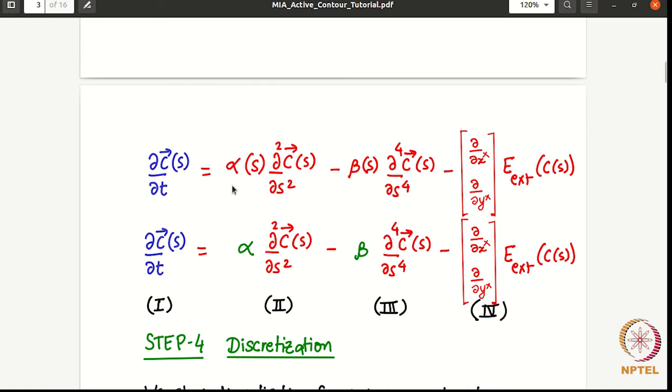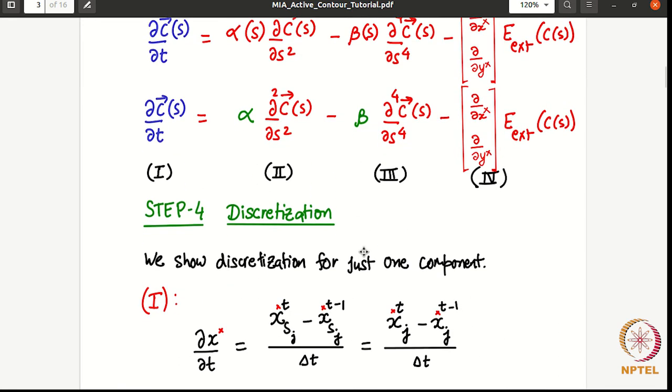So our first approximation comes into the picture, and these equations get reduced to this one. Here alpha is alpha, beta is beta. Now this is the main snake evolution equation, and you can see it consists of 4 terms. So now we will discuss its numerical solution.